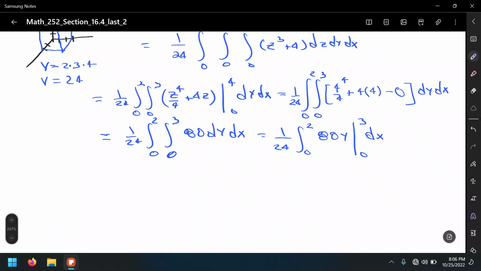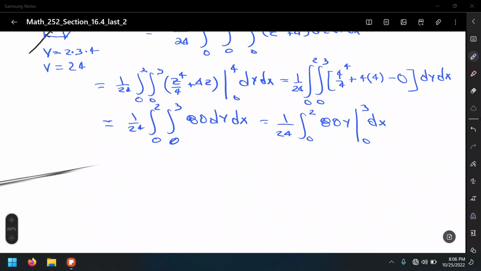All right, so as usual, upper limit minus lower limit. That's 80 times 3 minus 0, and that's 240.